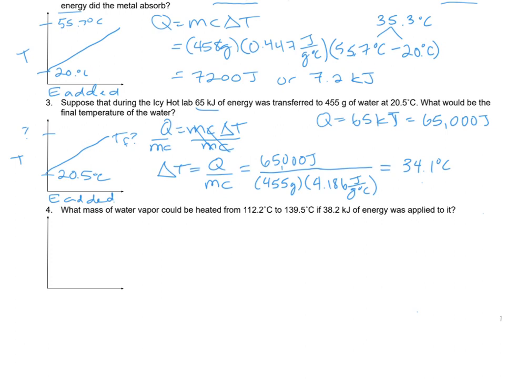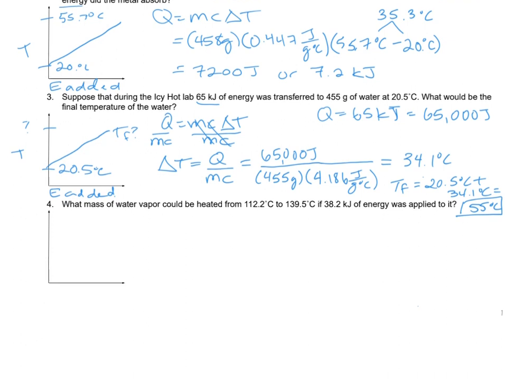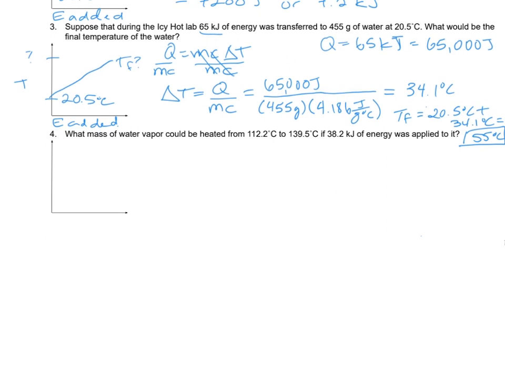So the final temperature is equal to the starting temperature of 20.5 degrees Celsius plus the change in temperature, 34.1 degrees Celsius, which, now rounded to 2 sig figs, will round to 55 degrees Celsius. And that's because we started at 20.5 degrees Celsius, we went up by 34.1 degrees, so what we ended at was 55 degrees Celsius.